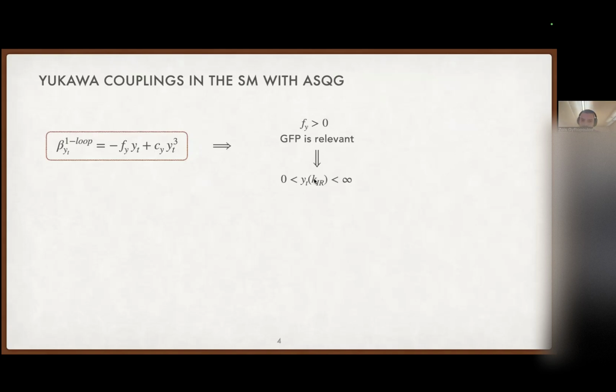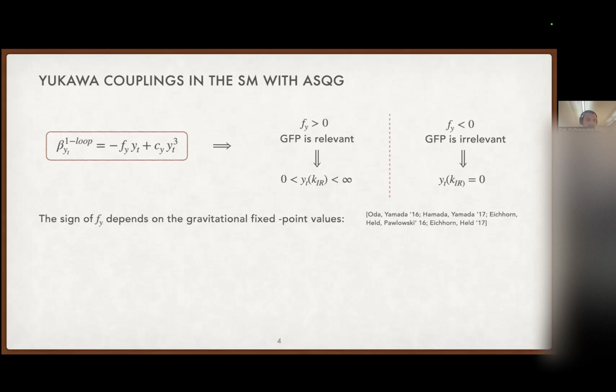And so if we emanate from this Gaussian fixed point, we can generate some finite values of the Yukawa couplings. Now, if this Fy is negative, the Gaussian fixed point is irrelevant, and so this fixed point necessarily predicts that Yt equals 0. And this is, of course, not the phenomenologically viable scenario.